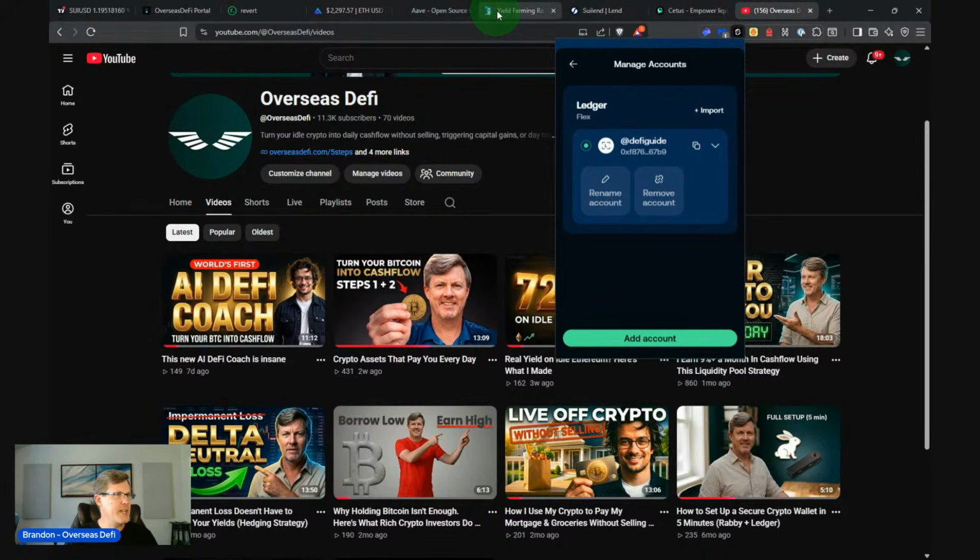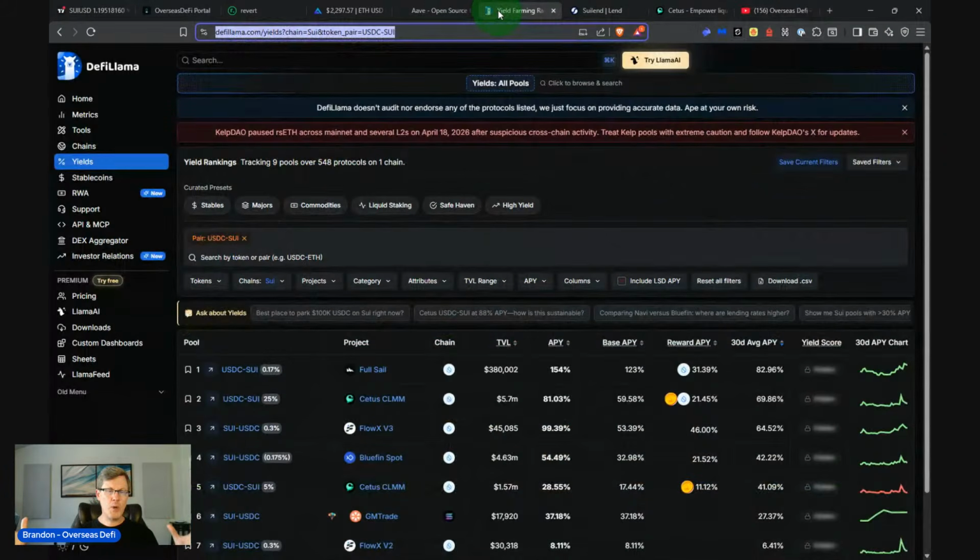The next thing we need to figure out is which liquidity pool are we going to use? Now, this is a website called DefiLlama, and one of the things we can look at here is the yields. I've searched for USDC paired with SWI. That's the pair we're interested in.